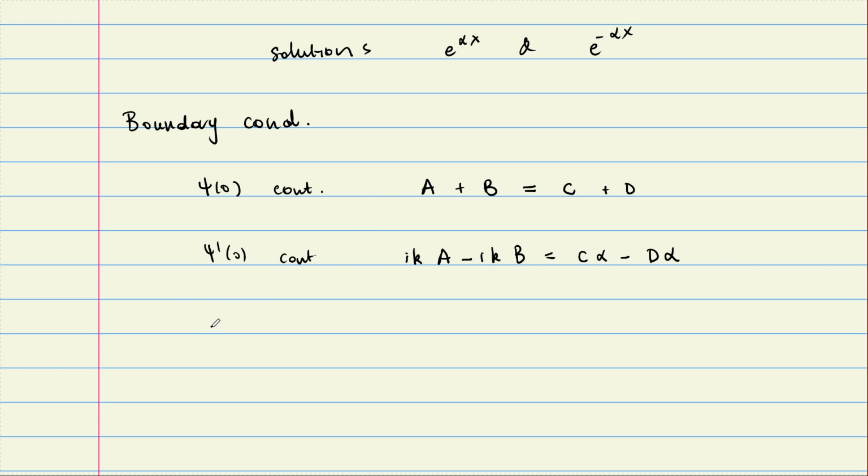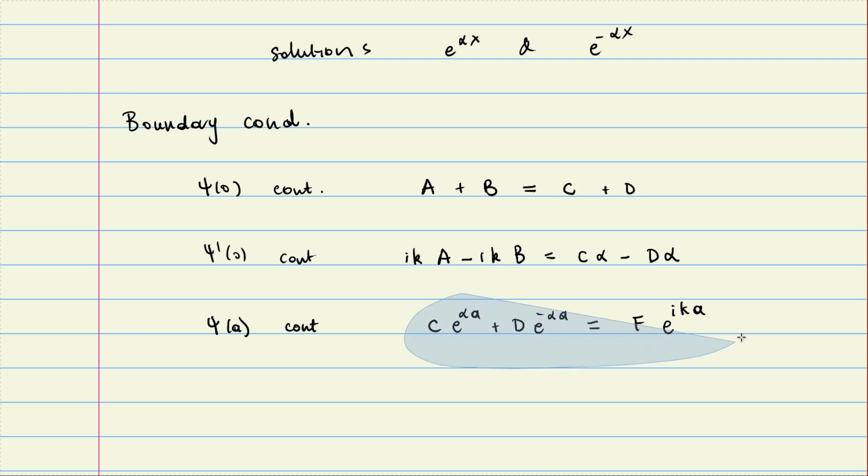Now let's implement the same thing for psi of a should be continuous. What this means is A e to the ika plus B e to the minus ika... C e to the alpha a plus D e to the minus alpha a should be equal to F e to the ika.